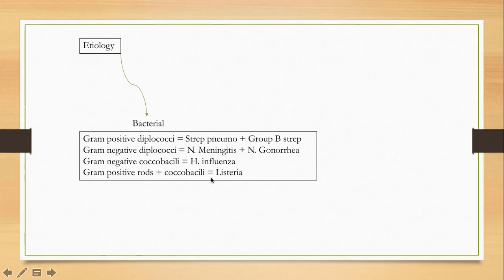They get listeria because they have not very strongly developed blood-brain barrier yet, and we all know that listeria is a coccobacilli, and it's a gram-positive rod as opposed to all the others, which are either gram-positive diplococci or gram-negatives.